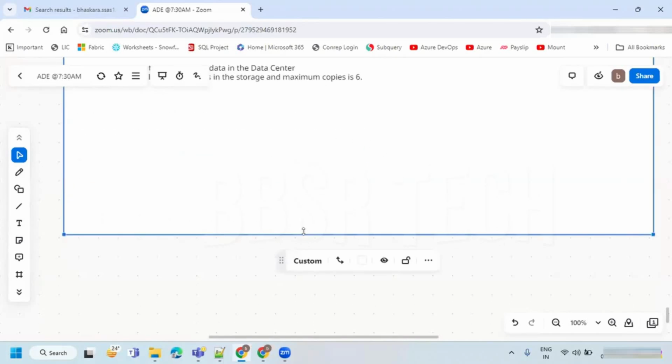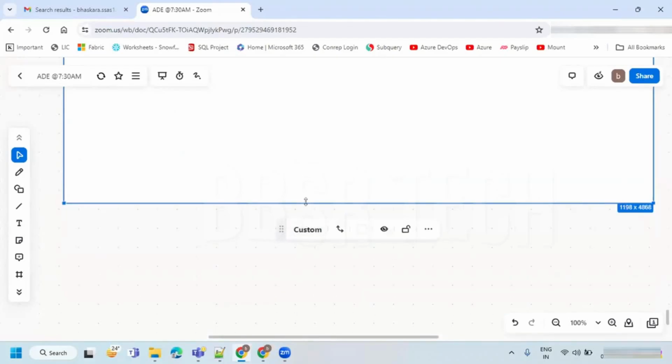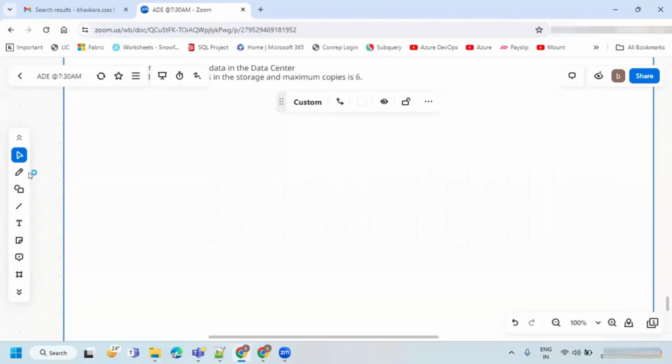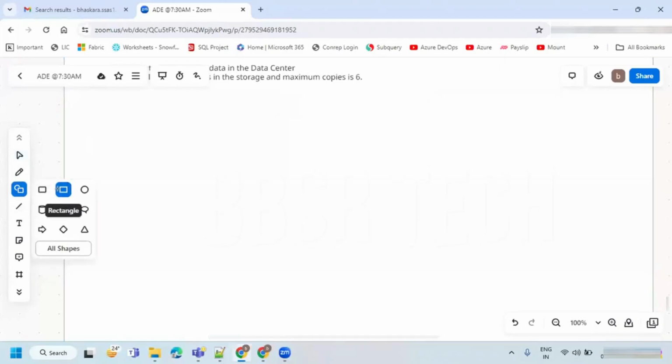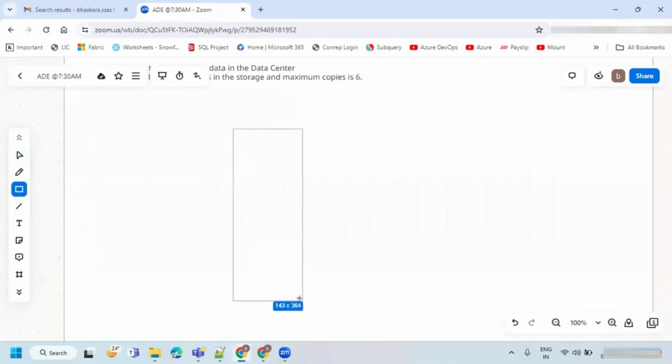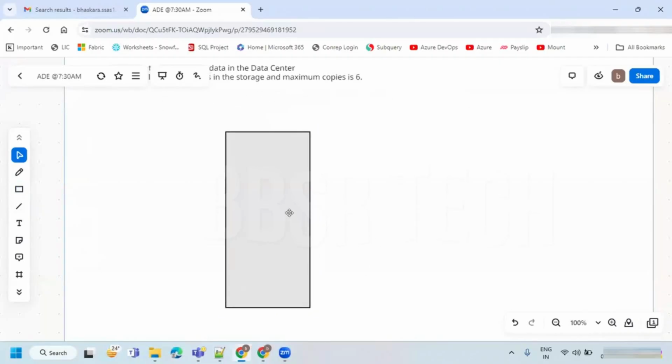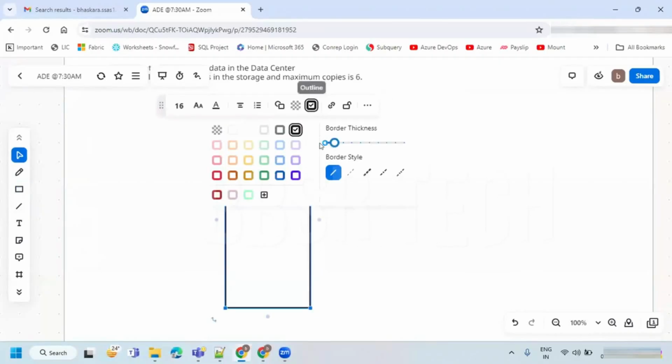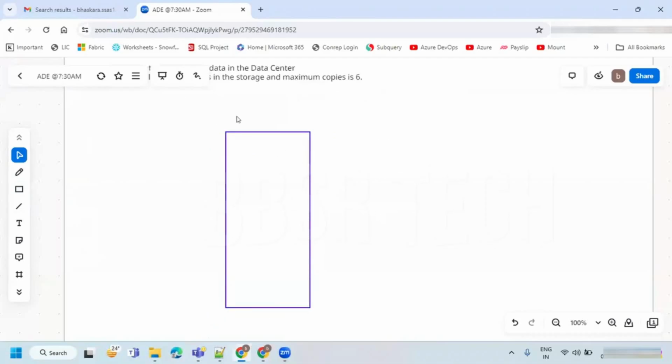When you load data into the storage account, we have a data center. Even when we create a storage account, we have to choose the region. I have taken Central India. Whatever region you have taken is treated as the primary region.